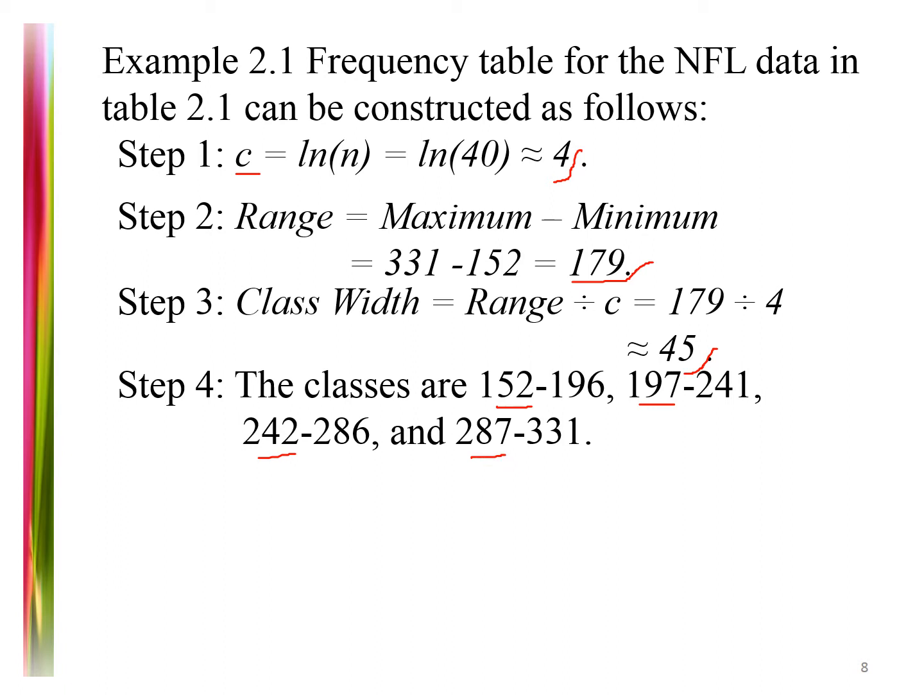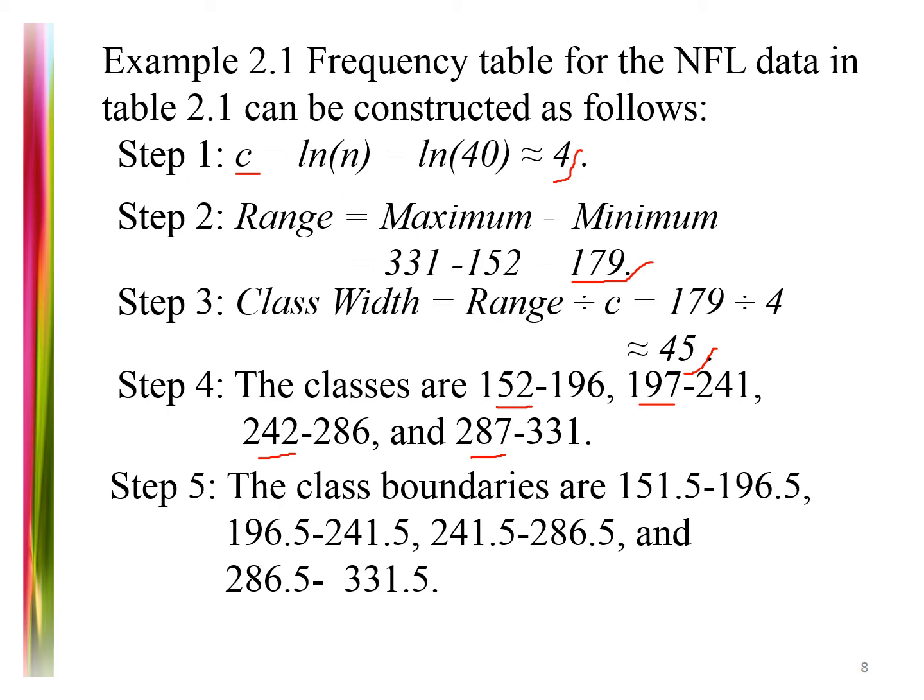Then this is 196, that's why it is 152 to 197, but these are inclusive, so 197 is not in this interval. So we have to write 196 here. Also, all values are integers, not decimals. So we can write 152 to 196. If you count the integers from 152 to 196, inclusive, you will get 45 observations.